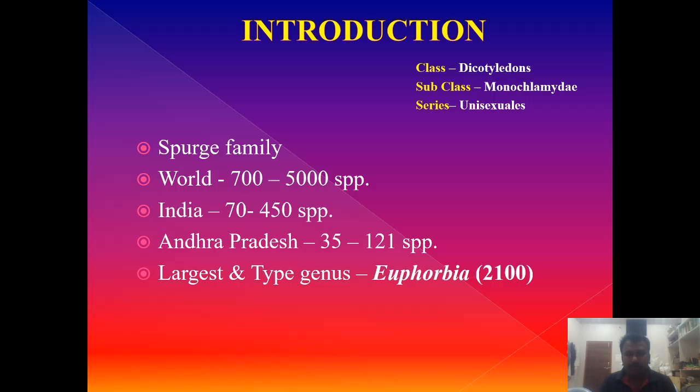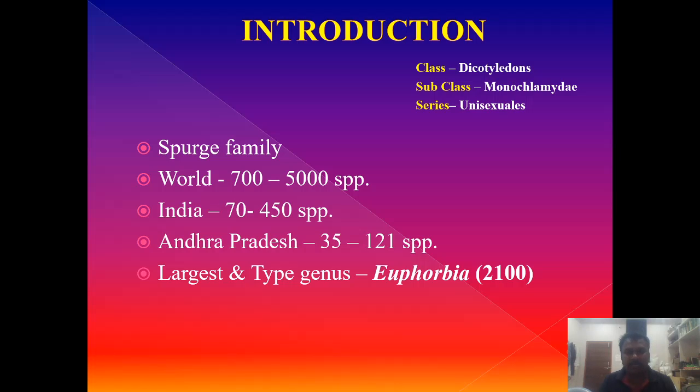About 5,000 species have been identified by scientists throughout the world, belonging to 700 genera of the family Euphorbiaceae. In India, we have 450 species belonging to 70 genera.